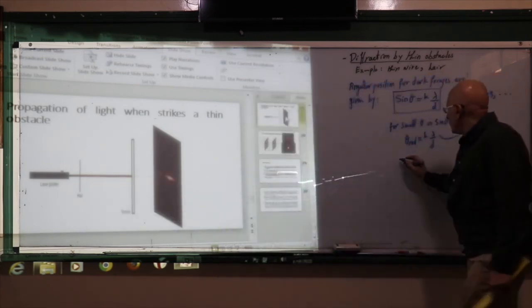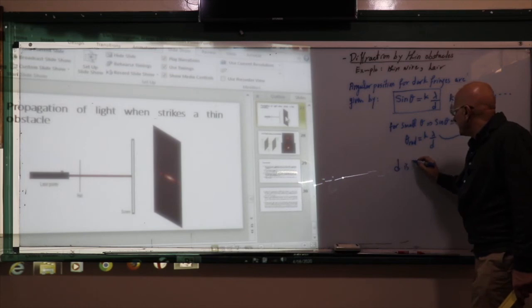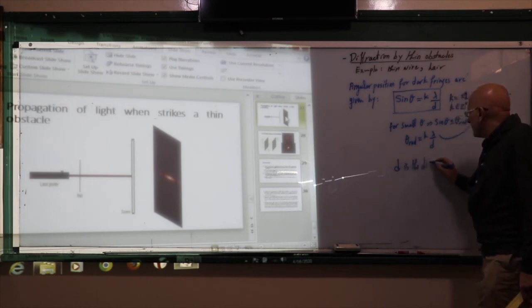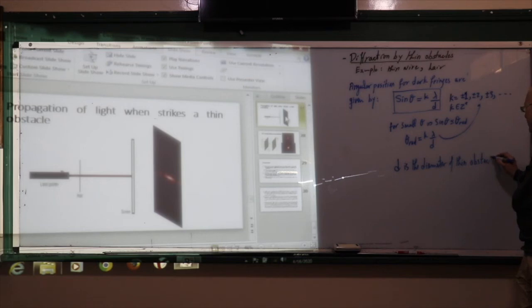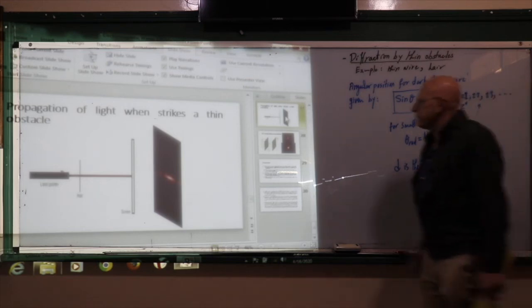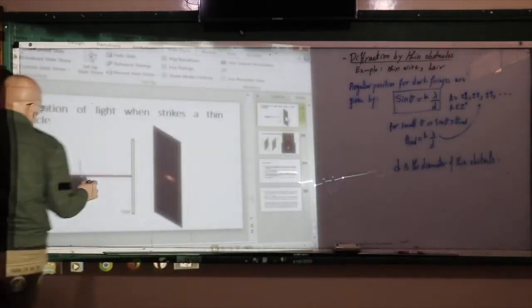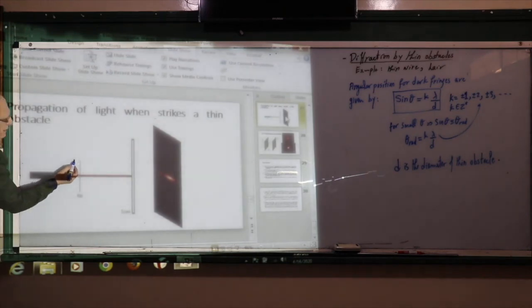So D here is the diameter of the thin obstacle. As you see, this is the diameter of the hair. This is the hair, and this is D. That's all.